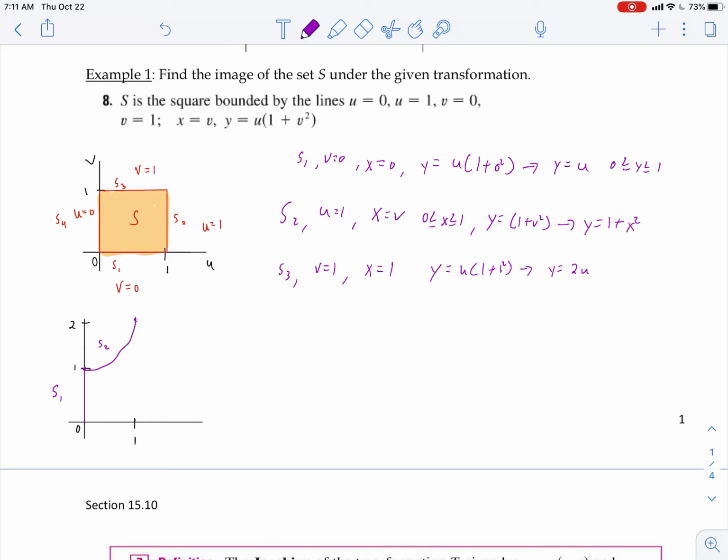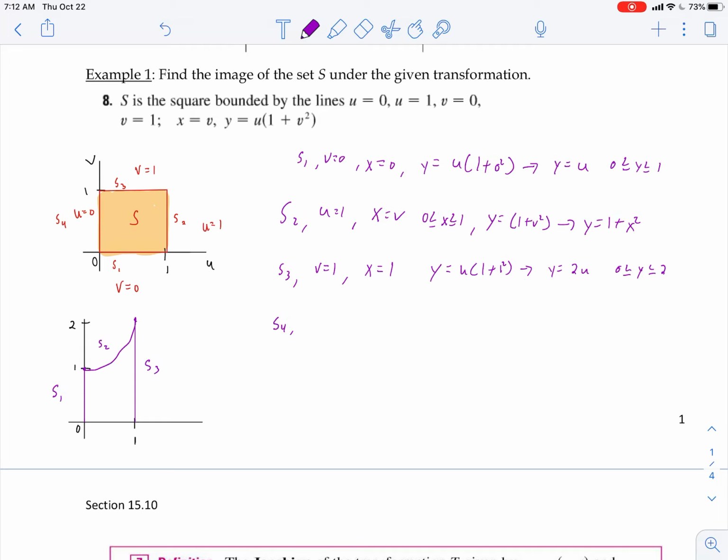And again, u is going between 0 and 1. But now when we plug in 0, we're going to get 0, and when we plug in 1, we're going to get 2. So we have the equation x equals 1, and it goes from 0 to 2. So that's S3.